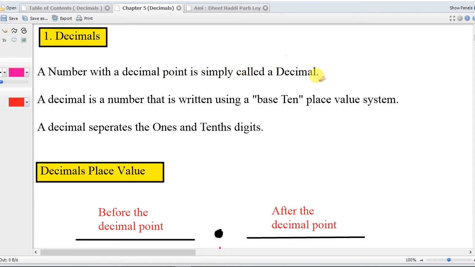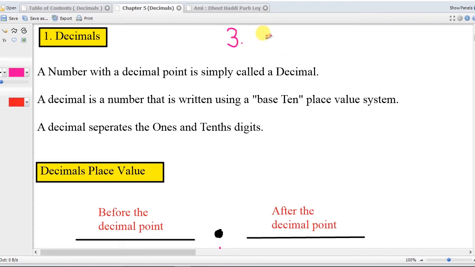Let's first talk about normal numbers. Let's suppose I am going to write a number 3. So this is your natural number, whole number, right? Every natural number or whole number is also a decimal. Why? Because if there is no decimal point shown, by default in mathematics the decimal point is here, right?